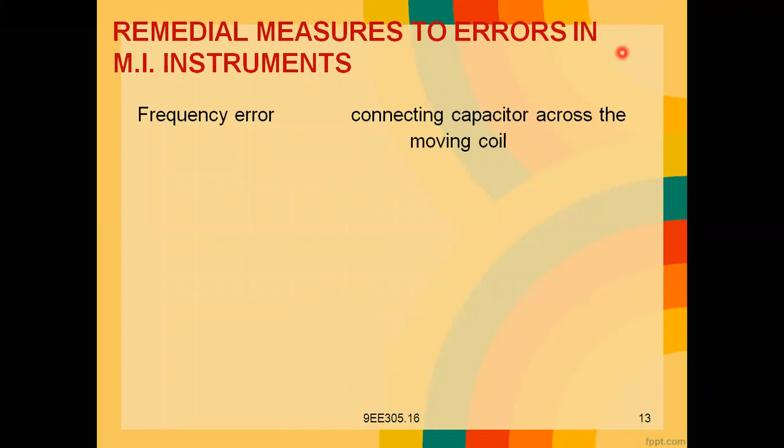Remedial measures for other errors, like frequency error. We have frequency errors in the MI instrument. In order to reduce those frequency errors, we connect a capacitor across the moving coil.